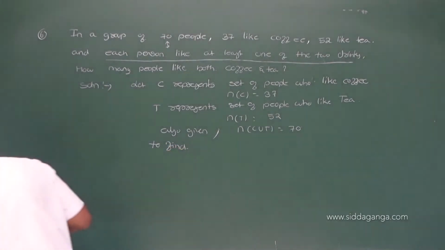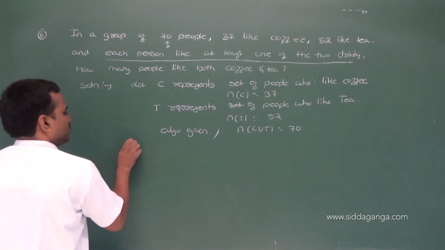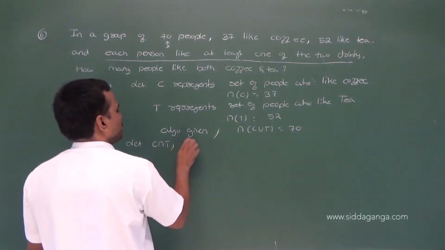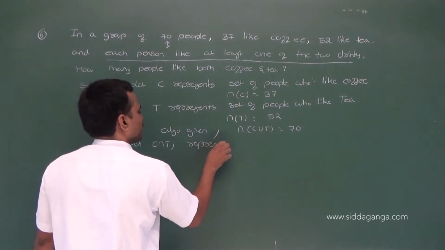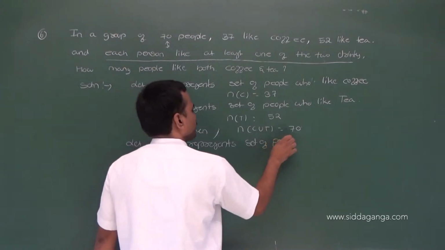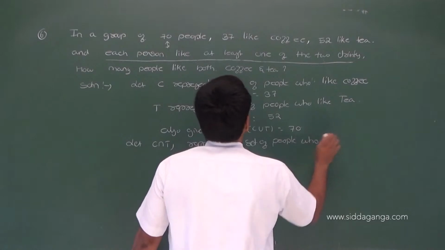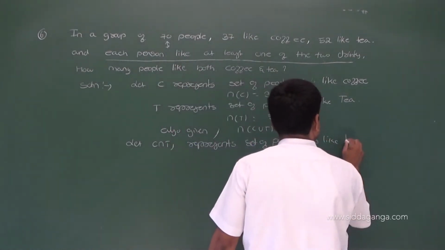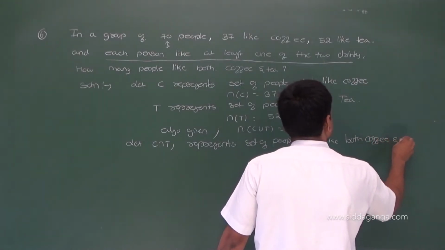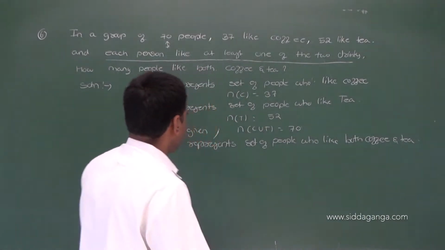First we represent the set. Let C intersection T represent the set of people who like both coffee and tea.